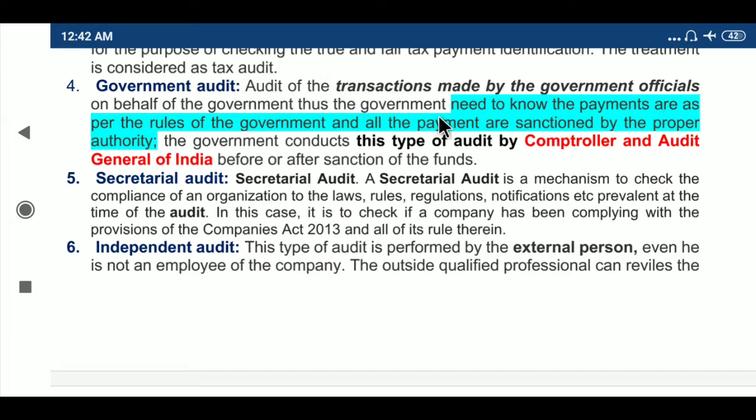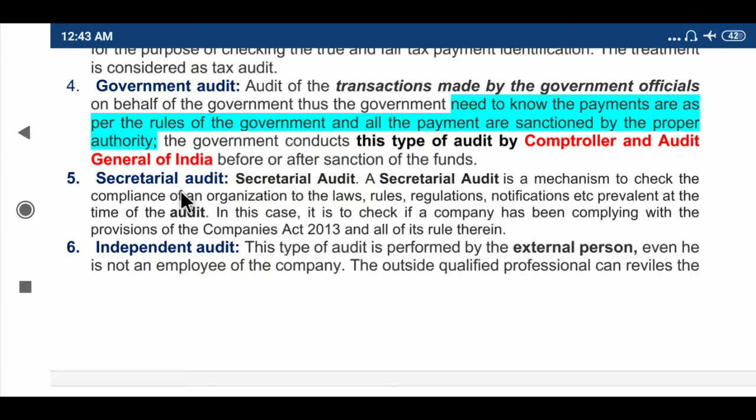Thus the government needs to know the payments are as per the rules of the government and all the payments are sanctioned by the proper authority. The government conducts this type of audit by the Comptroller and Auditor General of India before or after sanction of the funds. So the government audit is conducted by C&AG, that means Comptroller and Auditor General of India.